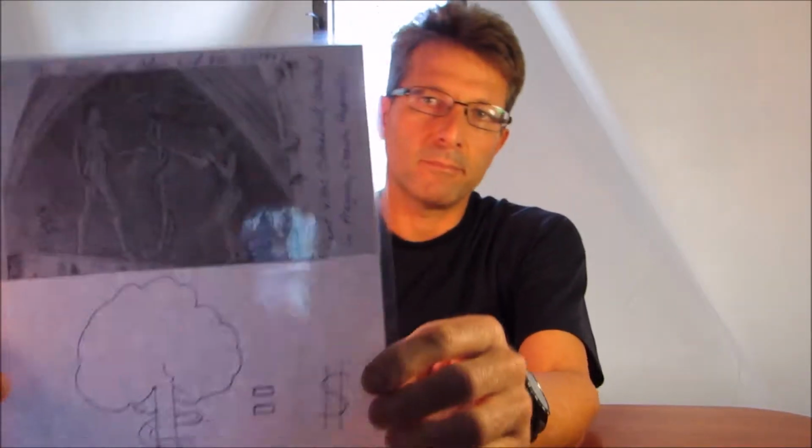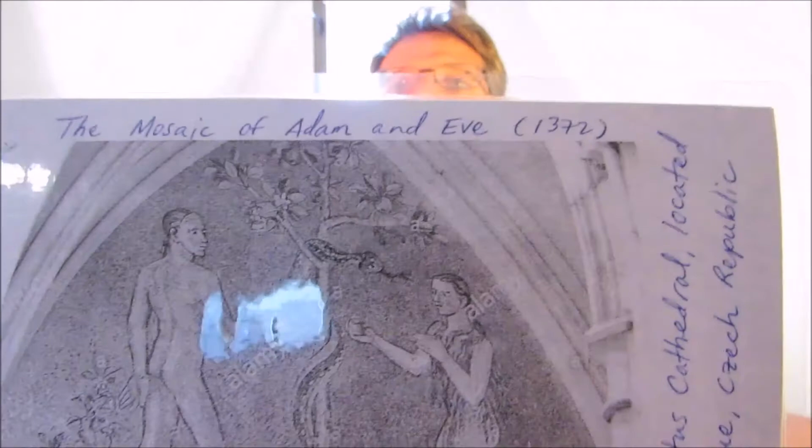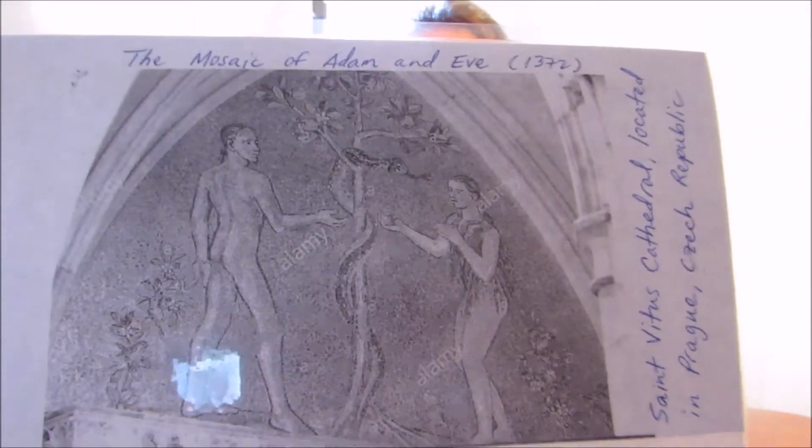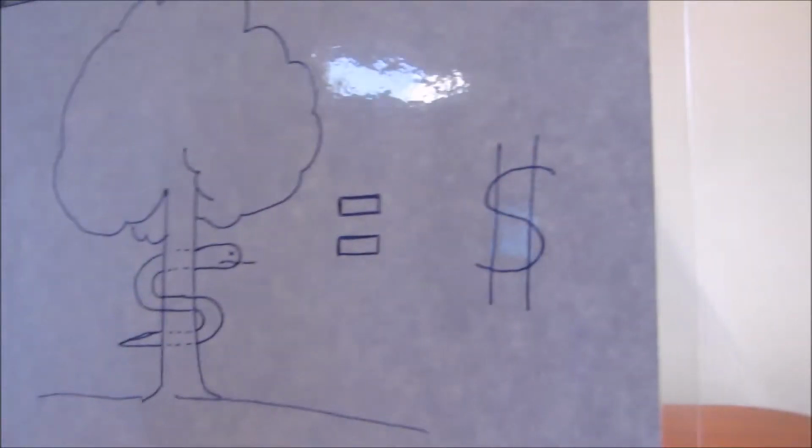And this mosaic was done in the year 1372. So that's way before America was created, right? So that's where they get the dollar symbol from. You see how that snake is wrapped around the tree? That's 1372. And then here's the US dollar.